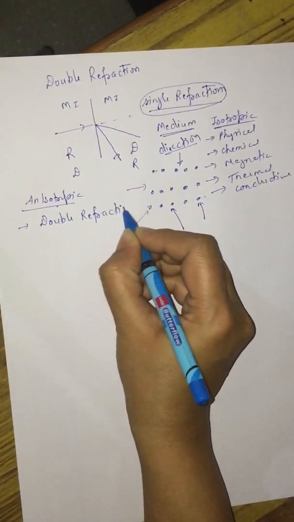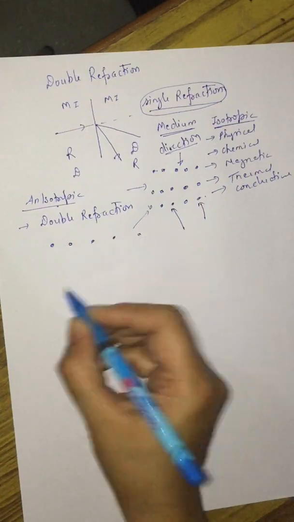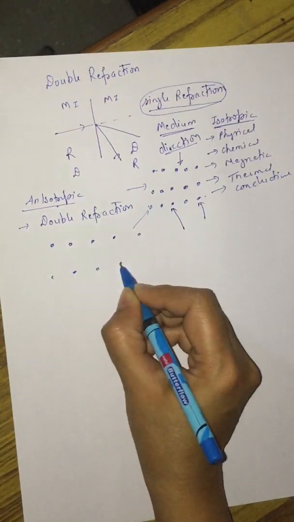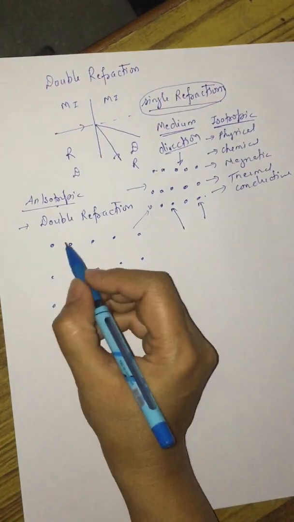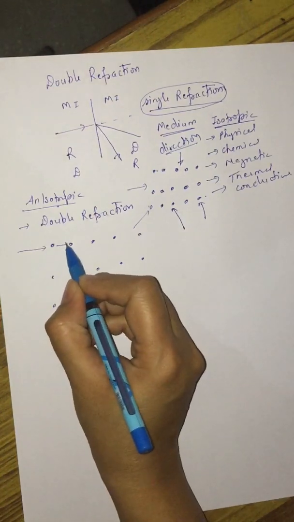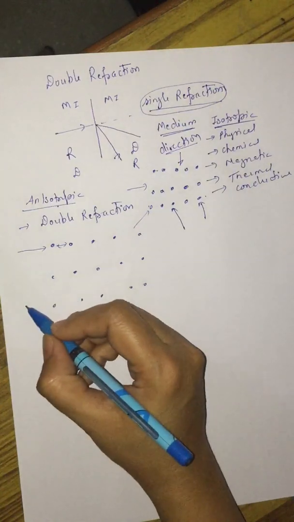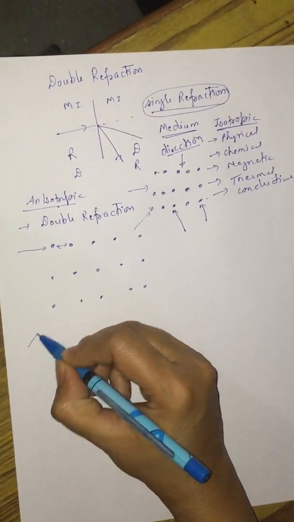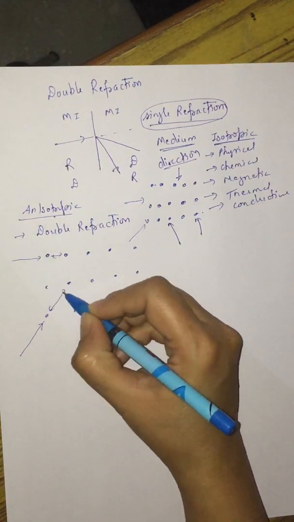In this case, with the change in direction, there is a change in the distance between the atoms, molecules and ions. For example, if we move in this direction, this is the distance between the particles. But if we are moving diagonally, then the distance will change.